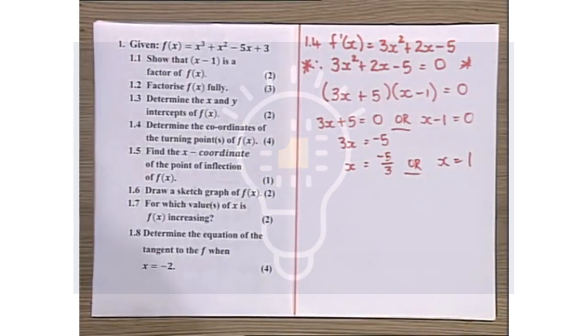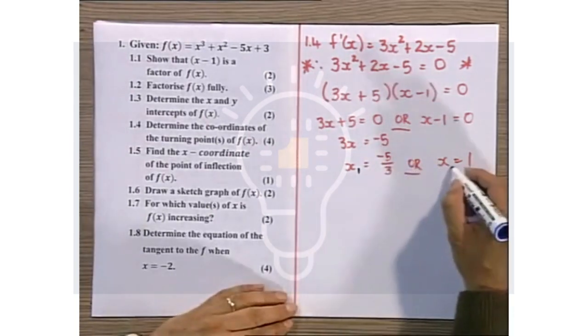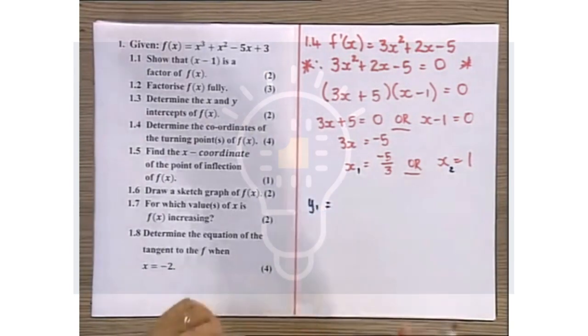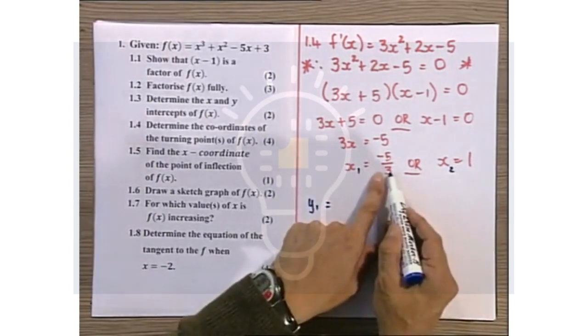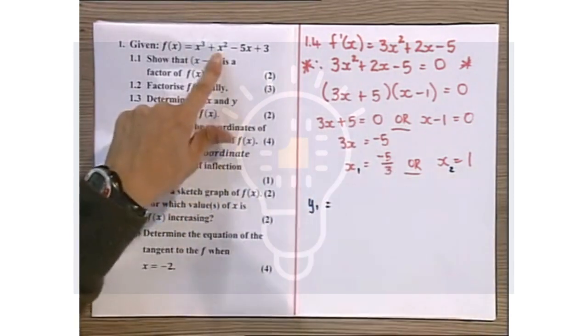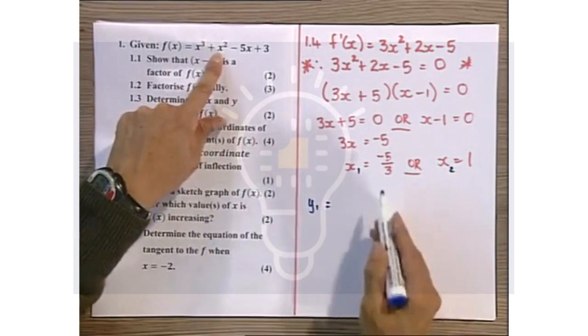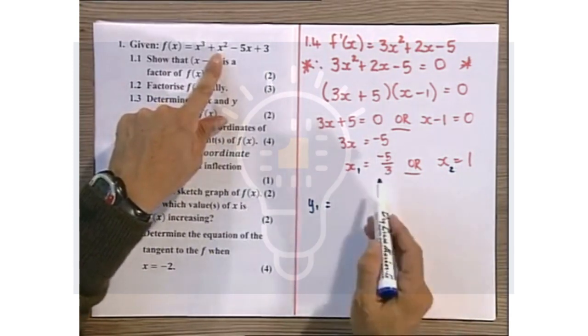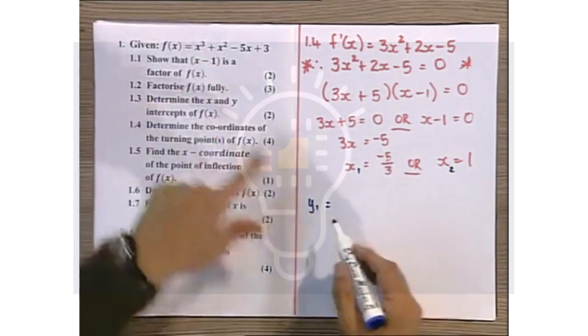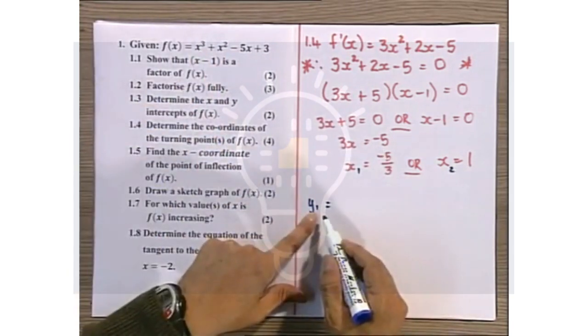Now the second part, guys, just be careful. It's also a lot of work. That is x1, that is x2. To get y1, we need to substitute that minus 5 over 3 into the original equation. You can do that quickly. Wherever I see x there, substitute minus 5 over 3. That is for y1.